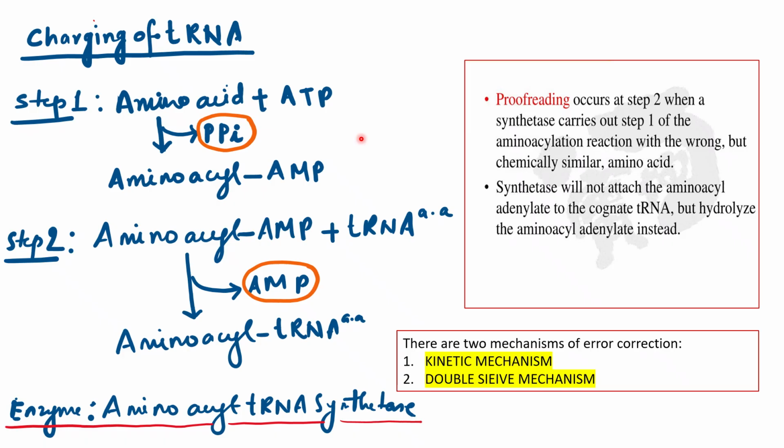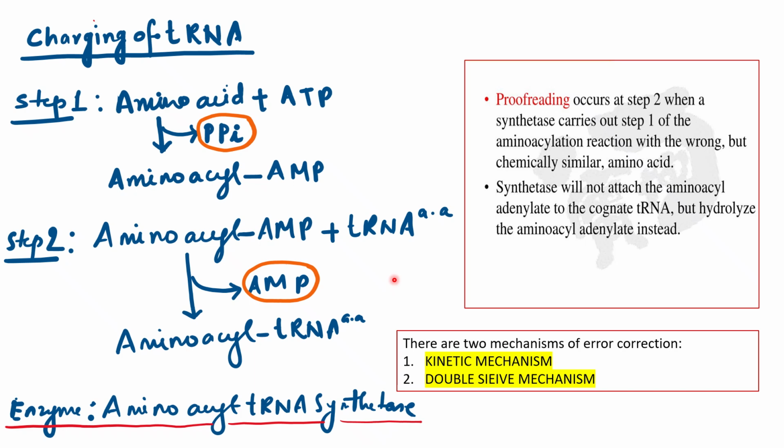In step 2, the aminoacyl AMP formed during the first step then reacts with the cognate tRNA, forming aminoacyl tRNA and releasing AMP as a byproduct.